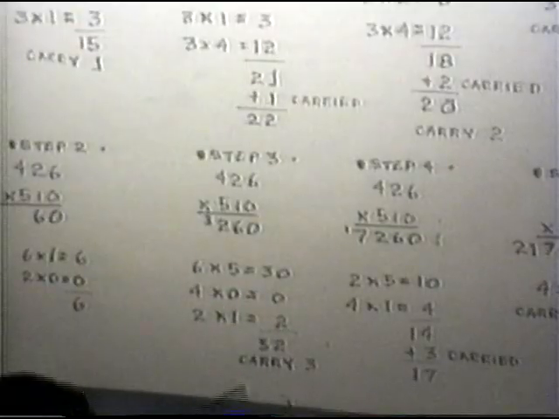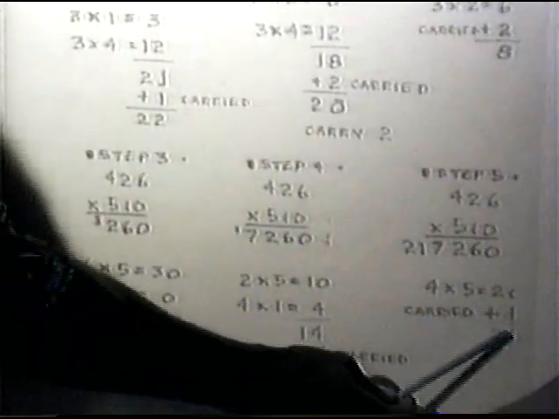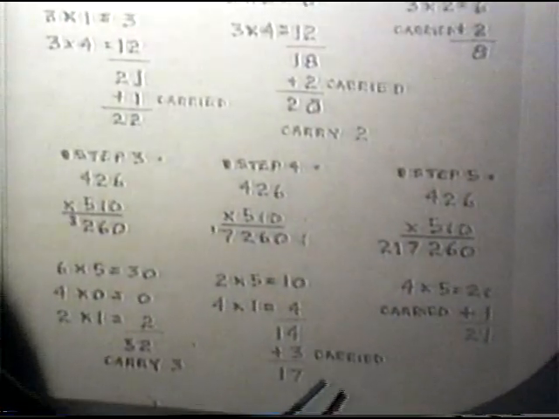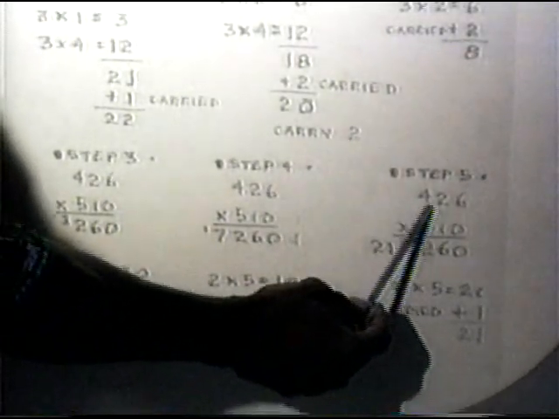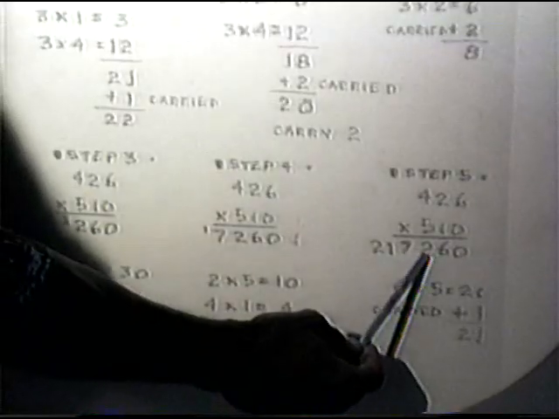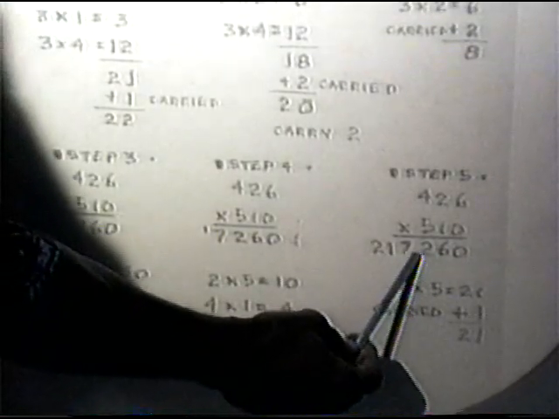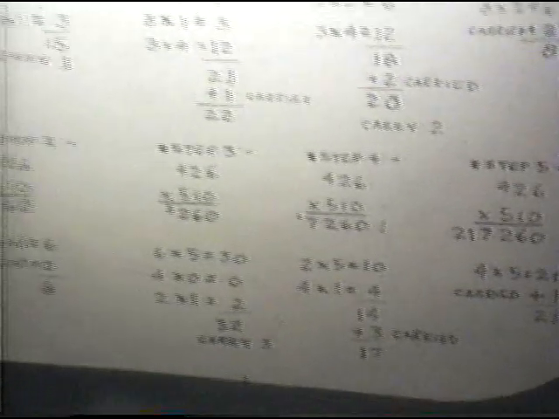Our last step is vertical multiplication. 4 times 5 is 20, plus the 1 that we carried, which makes 21. So the answer to 510 times 420 is 217,260. That's 3-digit multiplication.